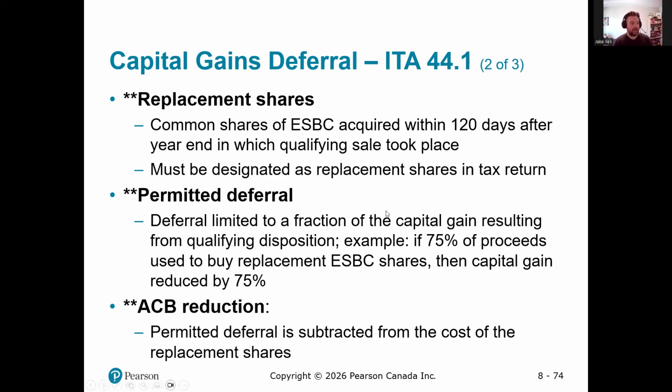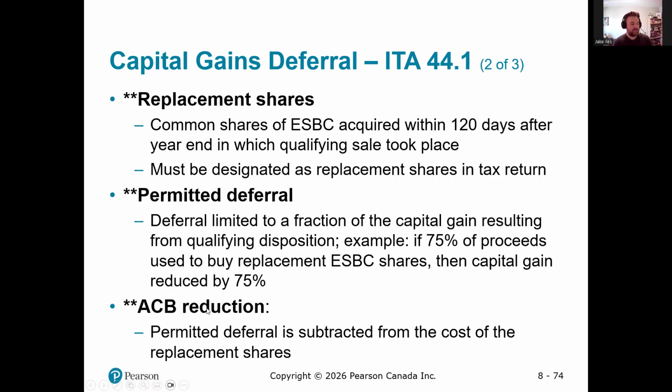They say, okay, since you used the proceeds to reinvest in replacement shares, then you can reduce your capital gain, or at least defer your capital gain, by the same percentage of proceeds. So in this example, someone sold their business and used 75% of the proceeds to buy replacement qualifying small business shares. Then the capital gain will be reduced by 75%.